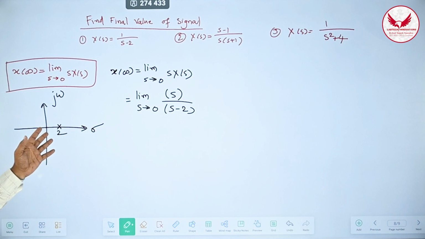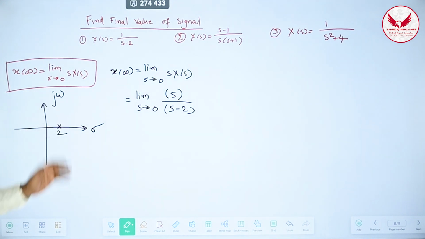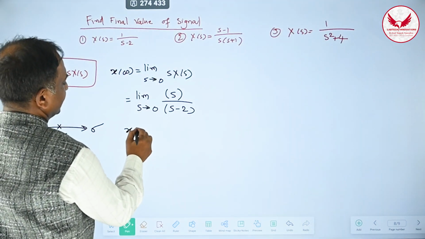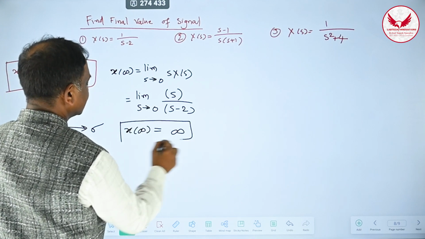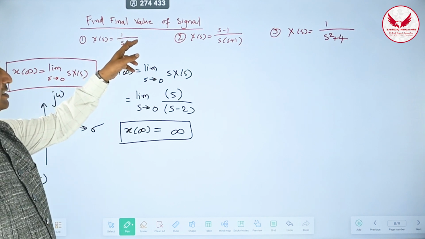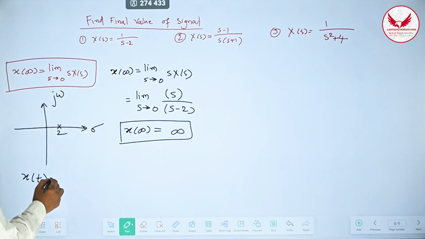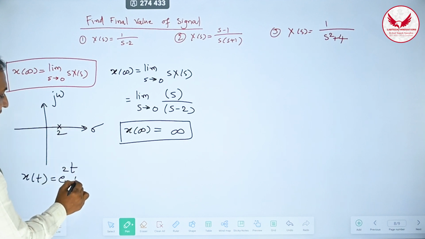When the pole is located on the positive side of the j omega axis, always remember x of infinity is equal to infinity, because such signals are growing signals. If you look at its inverse Laplace transform, 1 upon s minus 2 gives e raised to 2t times u of t.